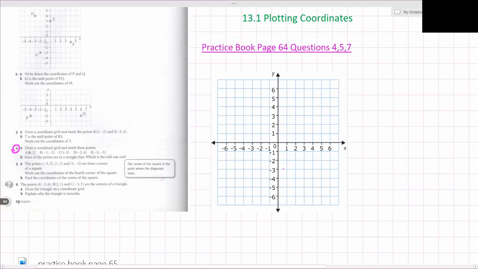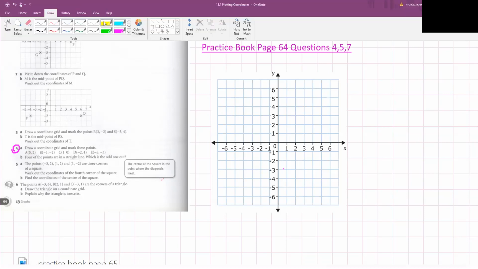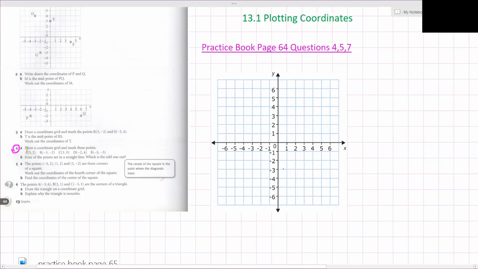Draw a coordinate grid and mark these points. He wants me to plot these points. 4 of the points are in a straight line, which is the odd one out?